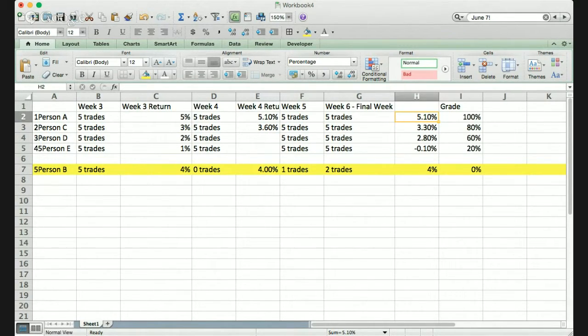And essentially, all of these people's grades would be bumped up to reflect their position.